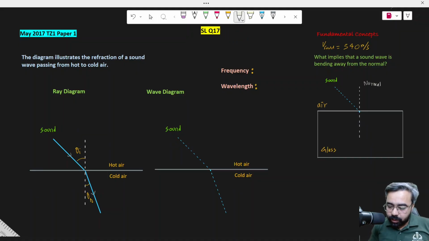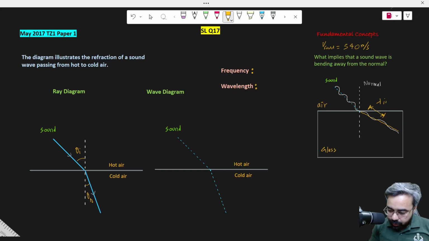So this is a diagram of a sound when it goes from the air to the glass. As soon as it is incident at that point, it refracts away from the normal, and notice a difference in its wavelength. First of all, this is the ray of the sound, the line diagram. Do you notice that the wavelength of the sound has increased?